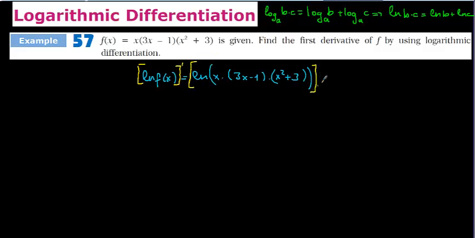Before starting the operation, I have to separate these parts, because ln f(x) is equal to ln x plus ln (3x minus 1) plus ln (x squared plus 3). Now I apply the rule ln of a times b times c is equal to ln a plus ln b plus ln c.